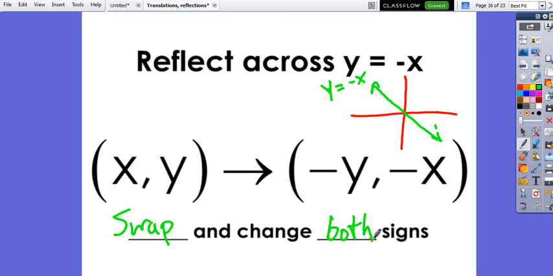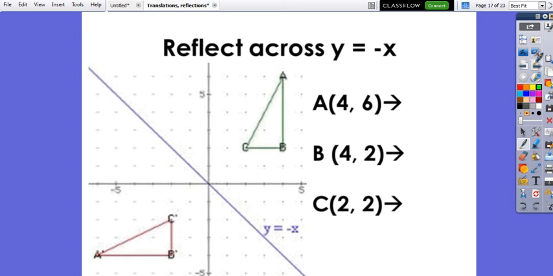Okay, so reflection across the line y equals -x. These are the values. We need to find A prime, B prime, C prime. All right, Jatori, what do you get for A prime? -6, -4. Change both signs and then swap them.